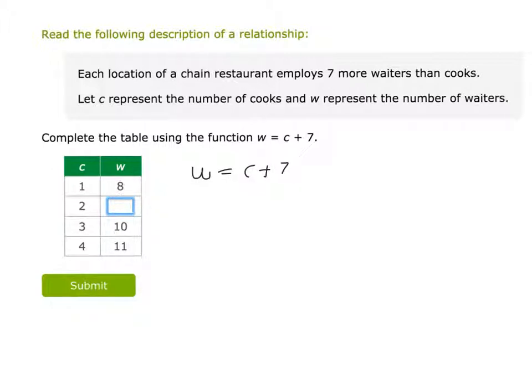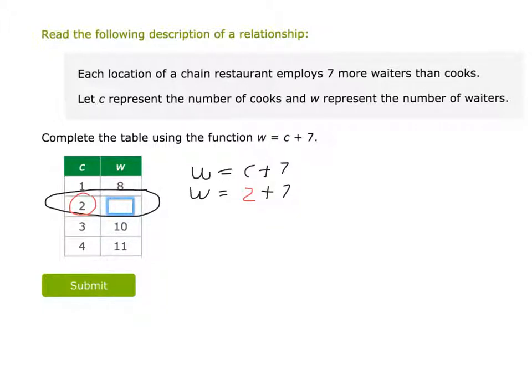When we work on these equations, we're only looking at that particular row, because I'm looking for what's inside the box. C is given as 2, so I'm going to plug a 2 in for C. Everything else comes down. So add 7 there, and W comes down there.